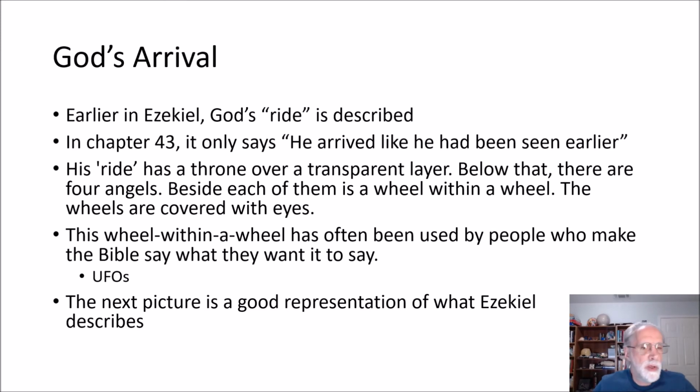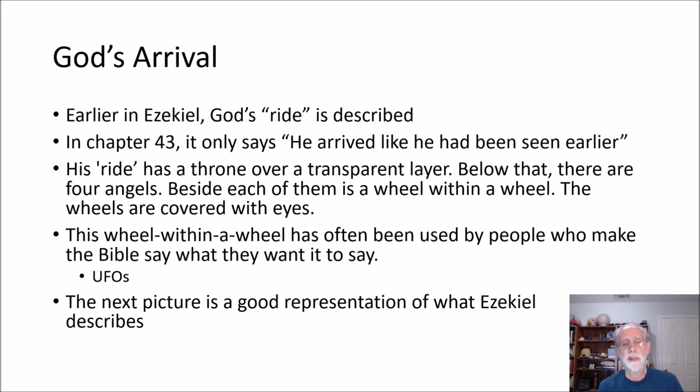Okay, so you saw the part there where God arrives at the temple, and it happens so quickly in that video, you almost need to run it a few times to follow it. And the description isn't in these chapters. Let me clarify that. The description of the vehicle that God comes in on, his ride, is not described in this part of Ezekiel.